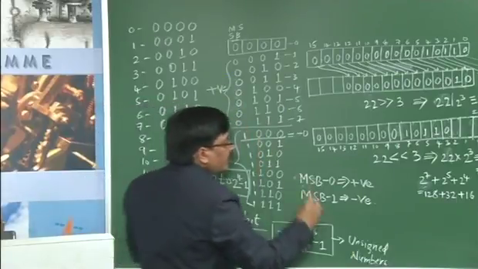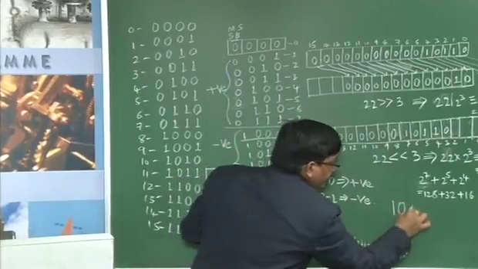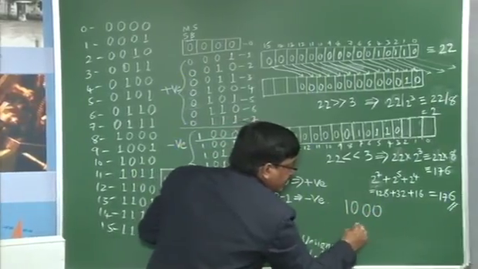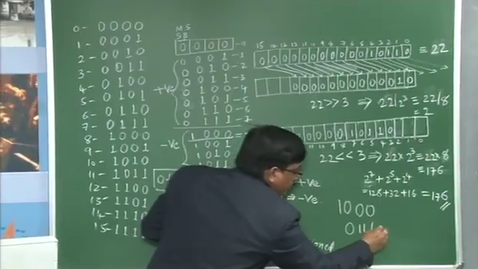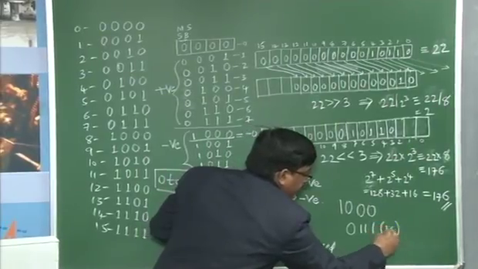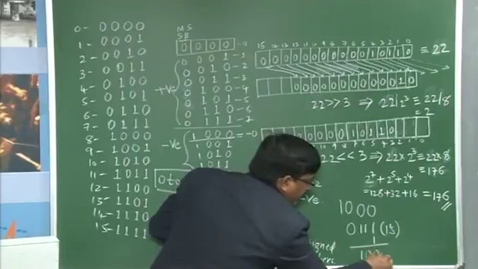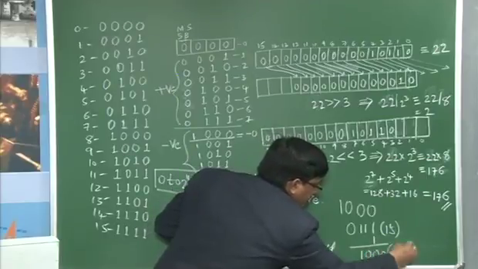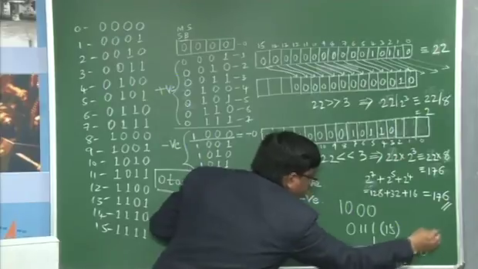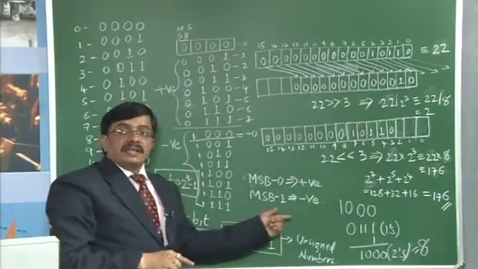What is the 2's complement of 1000? The 1's complement is 0111, and to get the 2's complement I add 1, so I get the same value, 1000. This corresponds to the value 8, and for this 8 I append the negative sign.